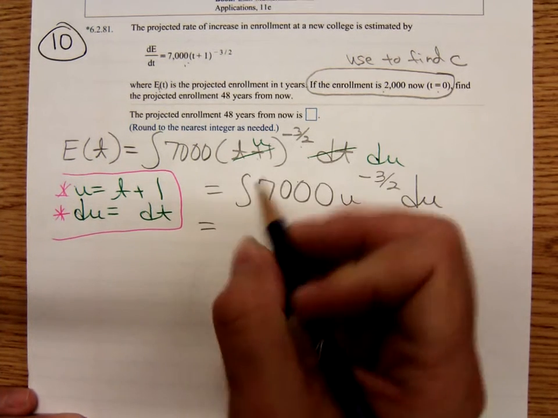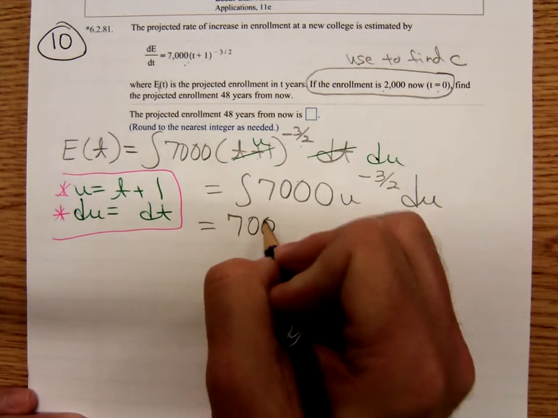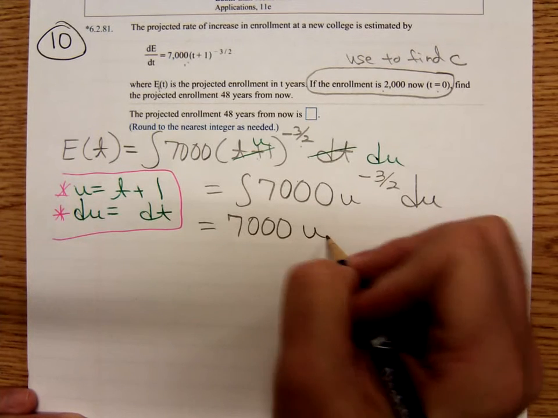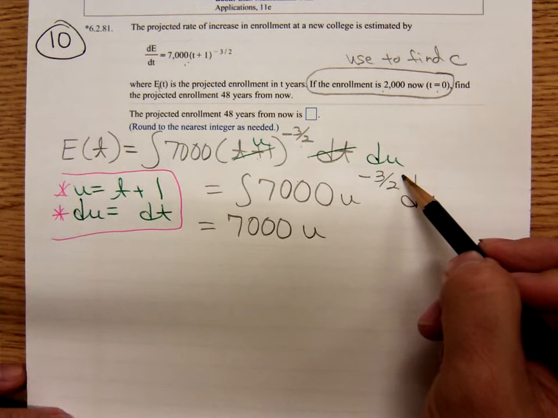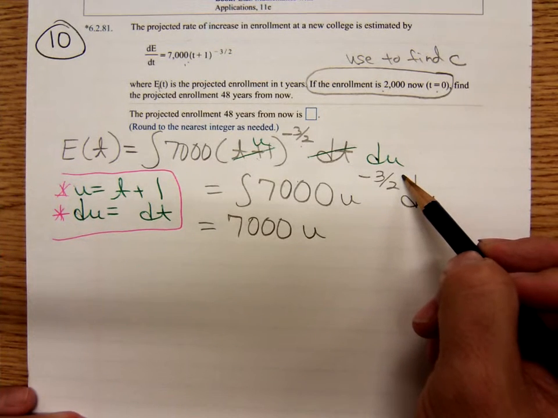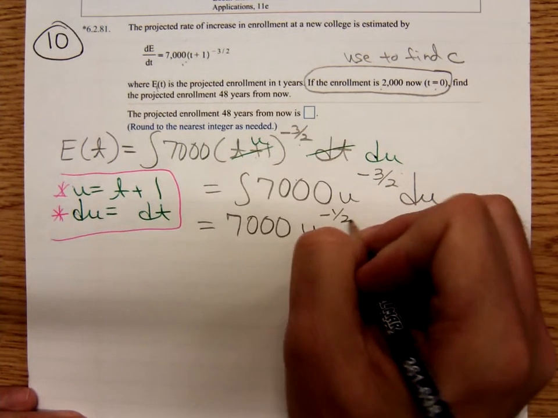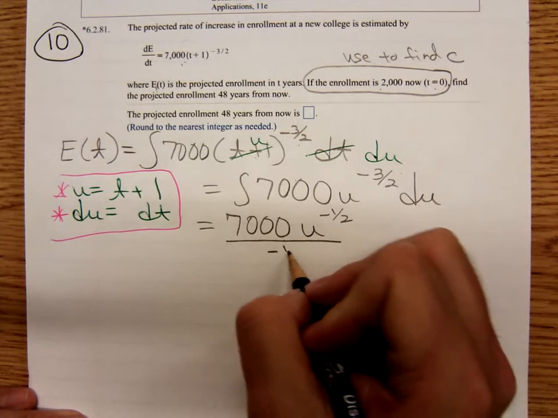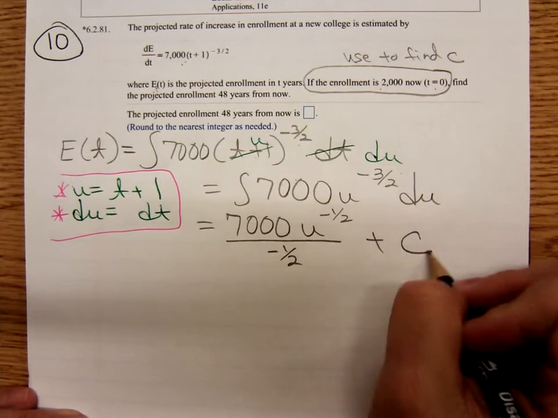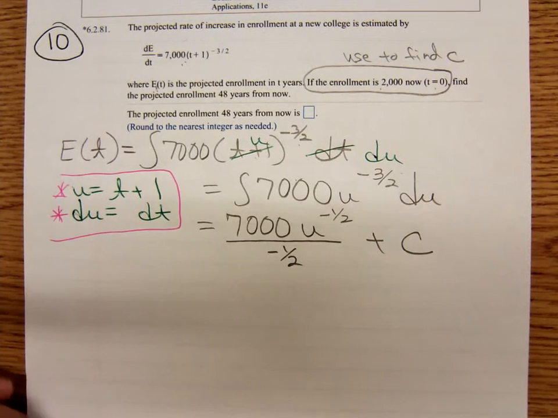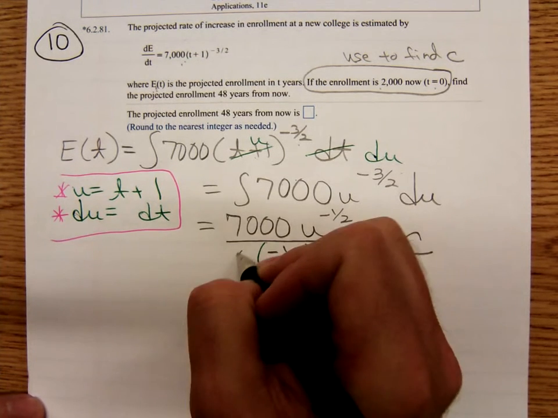So the constant factor of 7,000 we just bring down. U, add 1, negative 3/2 plus 1 gives me negative 1/2, divide by negative 1/2, and I still have that plus c. It's a compound fraction, so I'll multiply above and below by 2, the minor denominator.